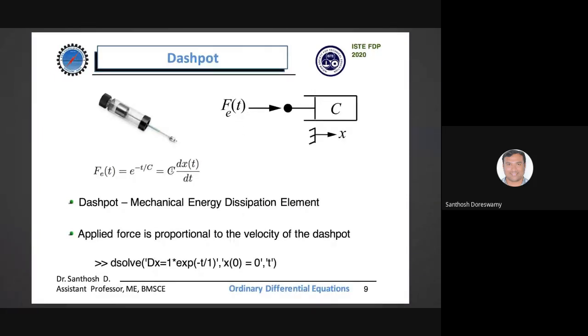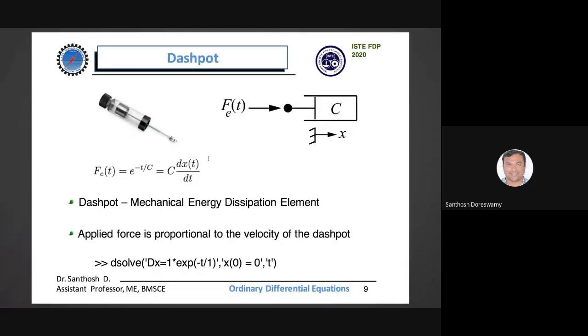So if I introduce that constant between the force that is applied and the velocity, that constant c is the dashpot constant, or it is also known as a damping constant, because it is a dissipative phenomenon which tends to decrement the energy or the work done, which is F into X. That's the work done. So it will decrement that energy in the form of viscous flow friction.